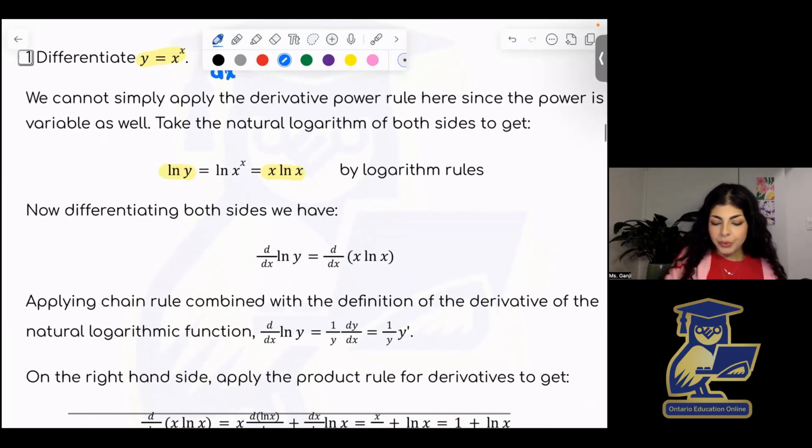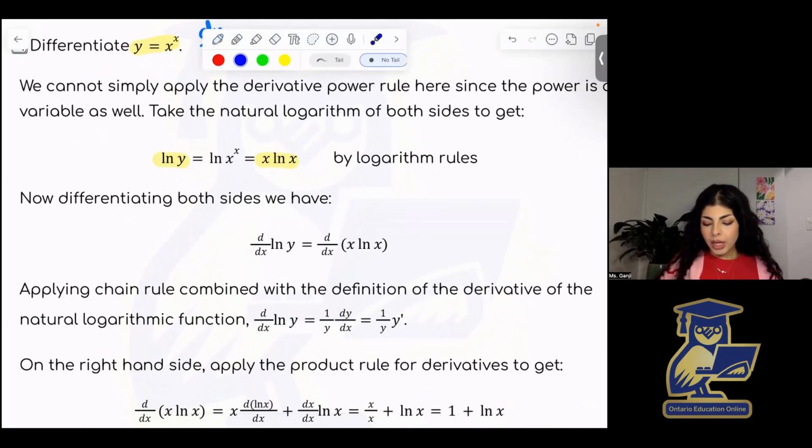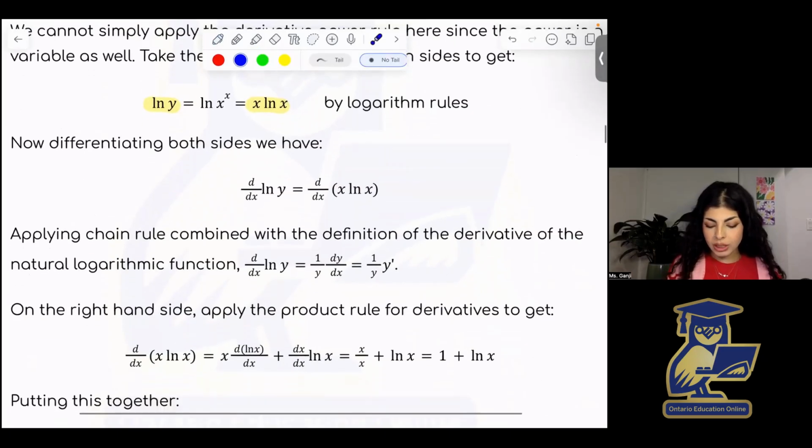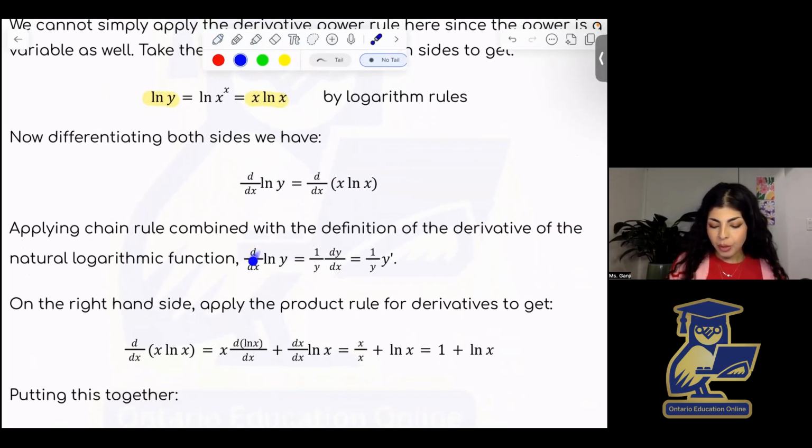So now, looking at the left-hand side, we are applying the chain rule with our definition of the derivative of the natural logarithmic function, which is going to give us, for natural log of y, 1 over y, and dy over dx.